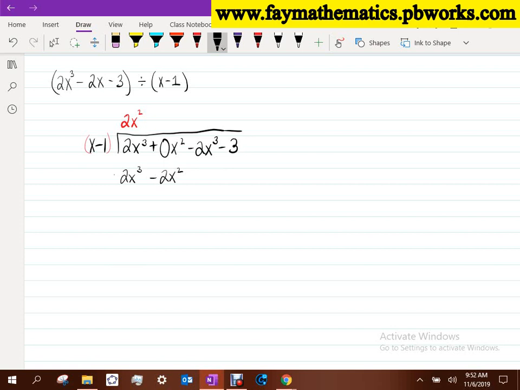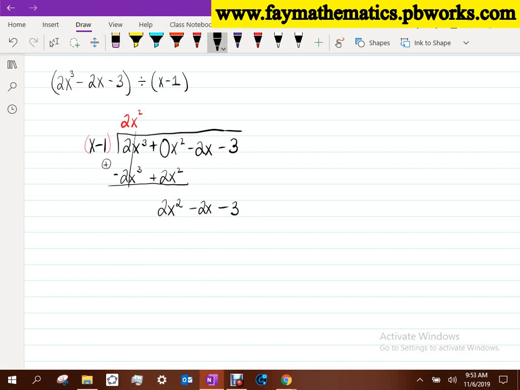Like I told you yesterday, I like to negate everything, multiply that row by negative 1, and then add straight down. So those go away, and that gives me this 2x squared. Oh, I don't know why I put a cube right there, sorry. Minus 2x minus 3. Does that make sense?